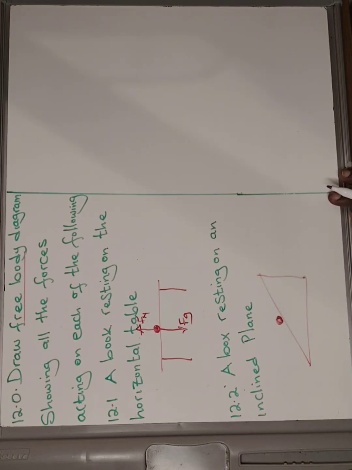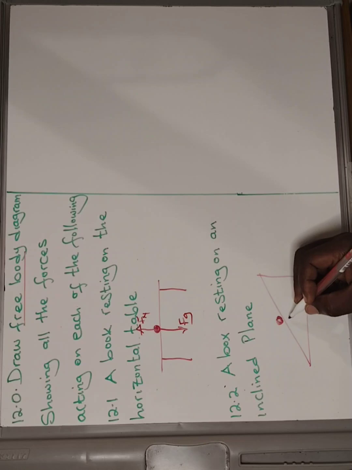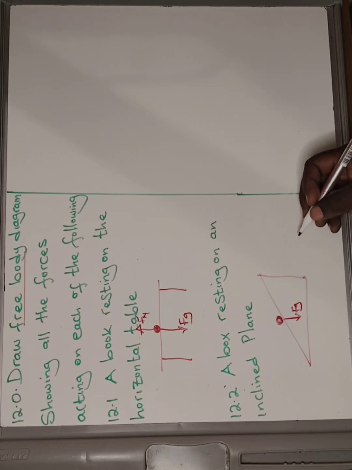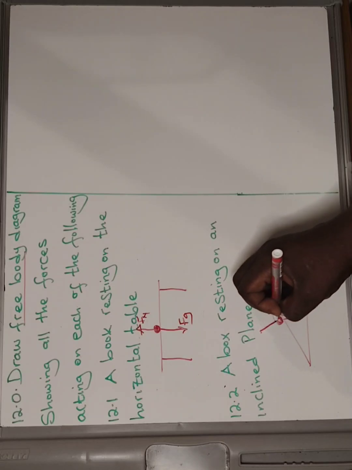Now you have to remember that if it is resting on the inclined surface, one of the forces which is obvious is this one, which is Fg acting vertically downwards. Then another one is our Fn.